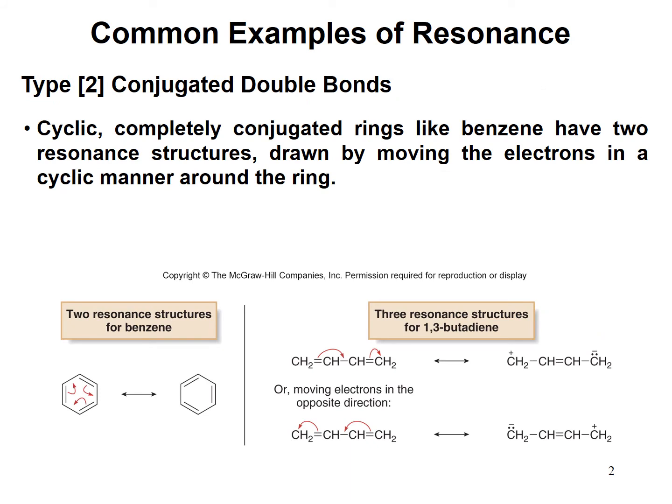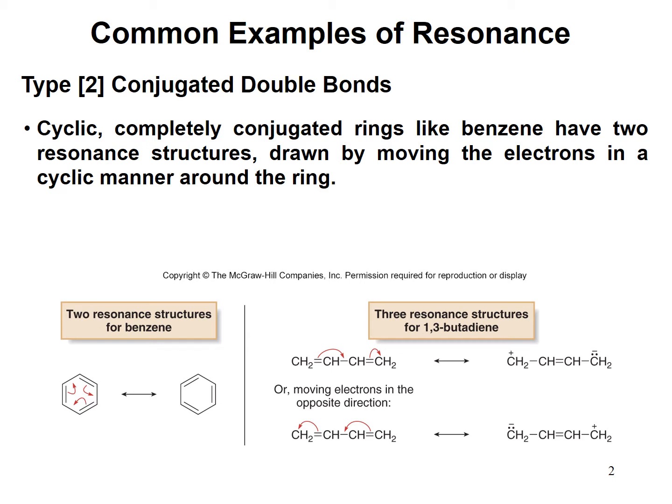Here are some common examples. Benzene, which is a compound that we're going to deal with in the next few chapters, is a hybridized structure. You have 3 double bonds that are all in conjugation, so they can quickly delocalize and migrate throughout the structure.